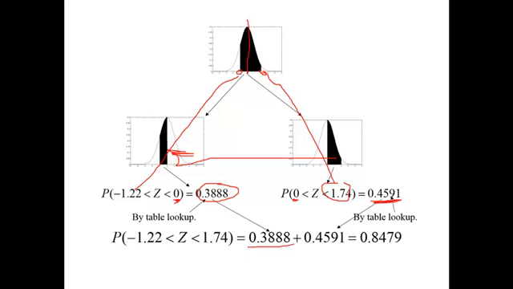So to get my final answer, I add those two numbers together and get this right here. So when I have 0 between the two to begin with, I'm going to be adding two numbers together.